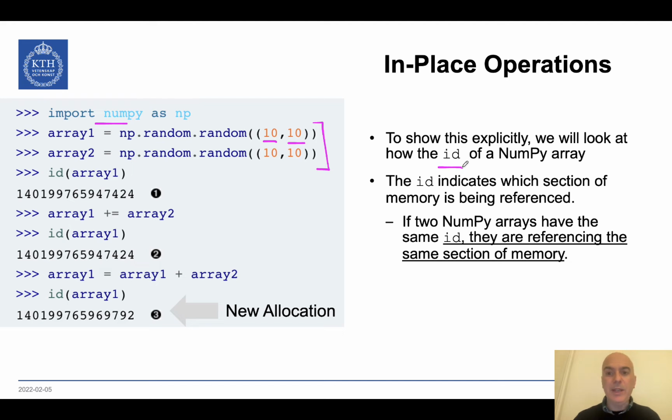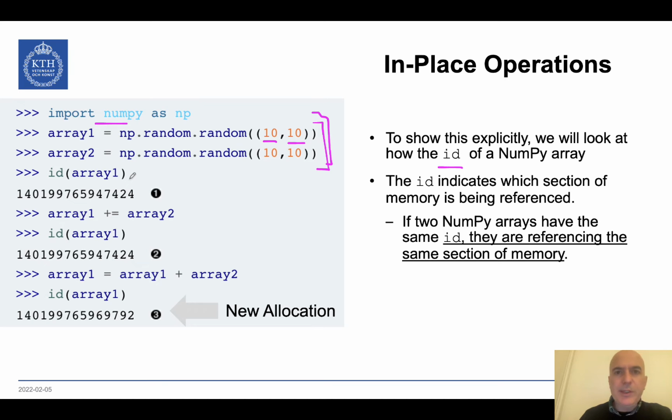The id function indicates which section of the memory is being referenced. So it basically returns a reference of the particular object we are looking at. In this case, we are allocating two arrays, and we fill them with random numbers. Instead of being arrays, to be precise, these are matrices of 10 by 10.